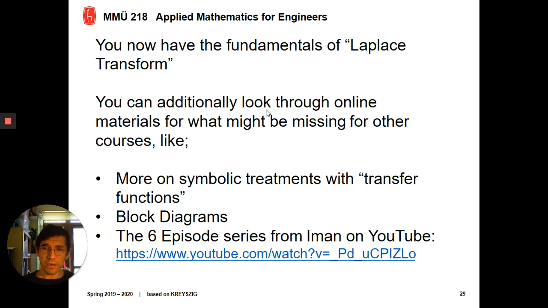You will see something called block diagrams in your control classes. But before moving on to that, there are literally tons of YouTube videos on Laplace transform. Maybe this is not the best, okay? This is probably not the best, but it has such a systematic way of describing the stuff related to control. It could be a link between this course and the other courses and the other videos that you might encounter on the internet.